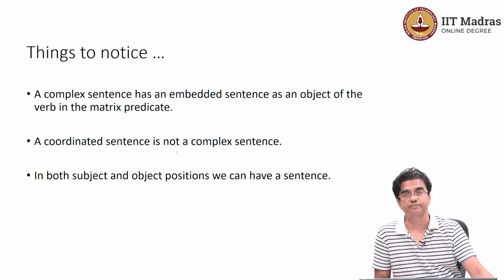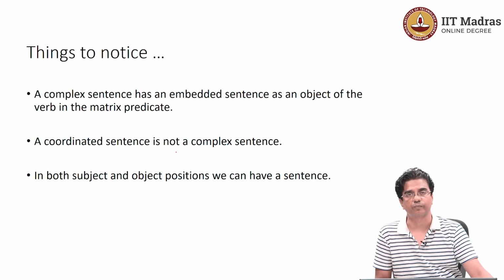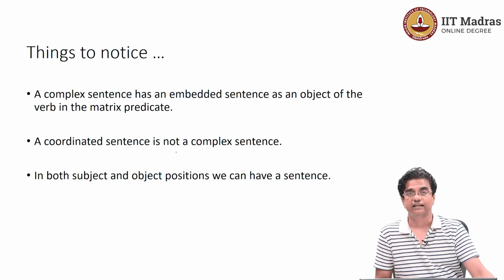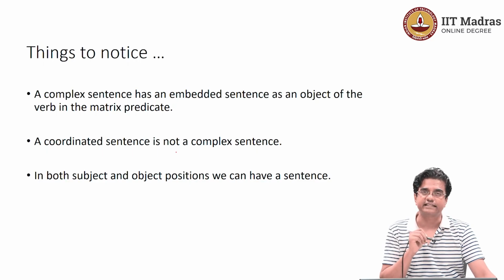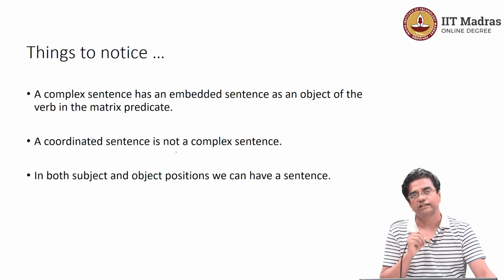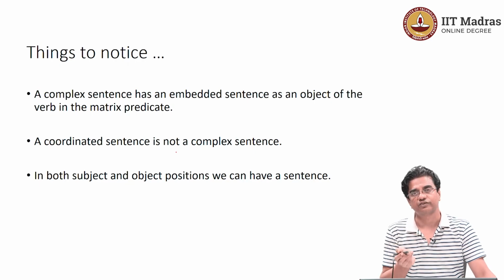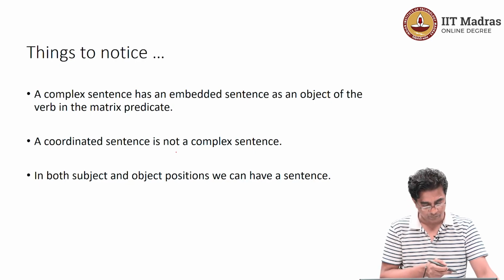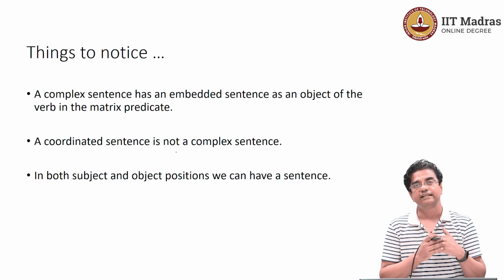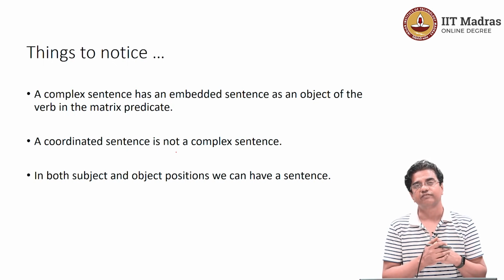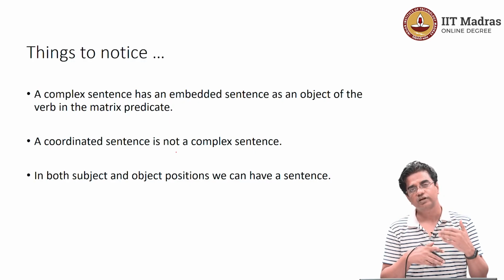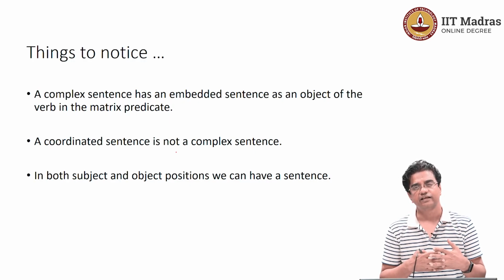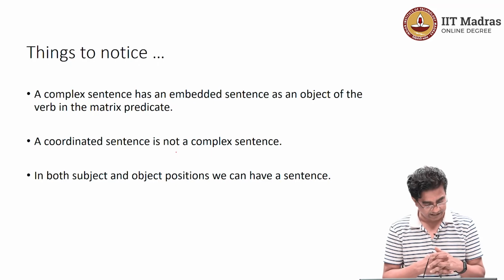A that-clause in the subject position is also not a complex sentence. A that-clause makes a sentence a complex one only when it becomes the object of the sentence. And we have seen that sometimes we can have embedding within an embedded sentence, and we can have further embedding, and such a thing is called recursion.